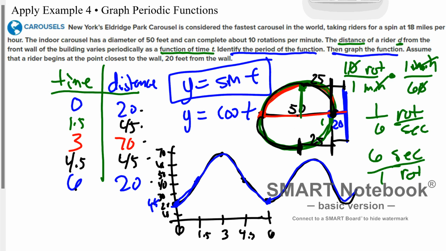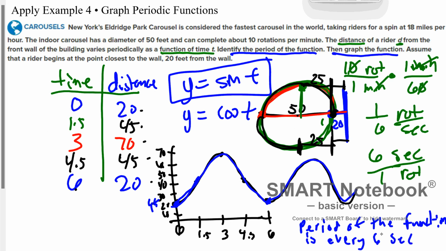So our period length is every 6 seconds. So every 6 seconds, it goes from 20, reaches its max at 70, and then comes back down to 20.